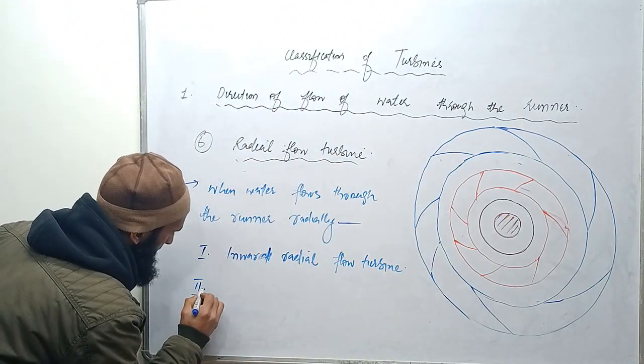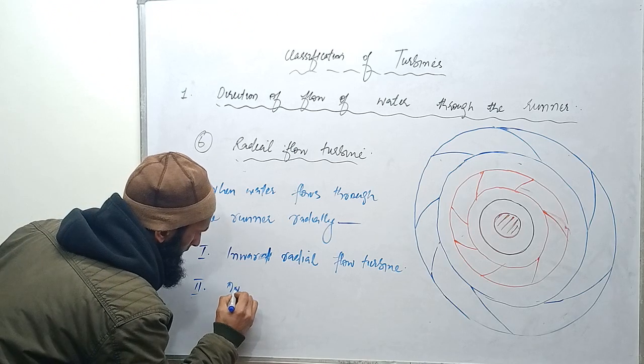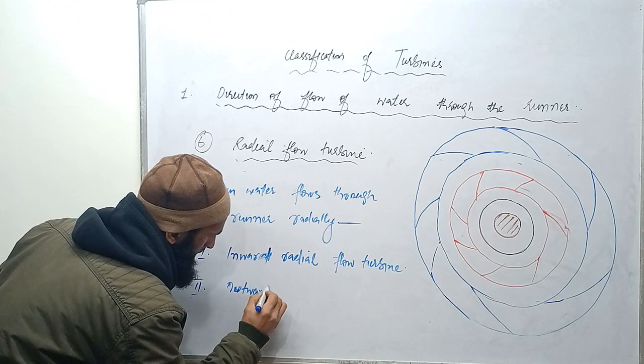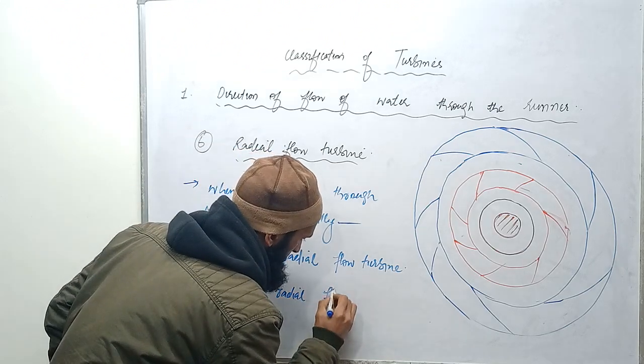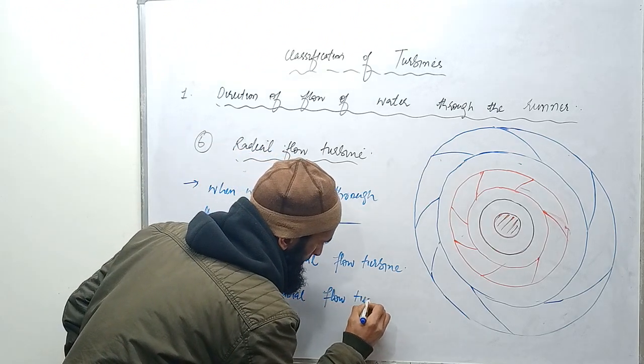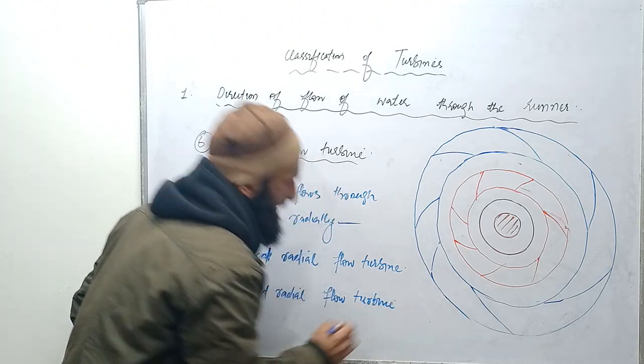And one more category is outward radial flow turbine.